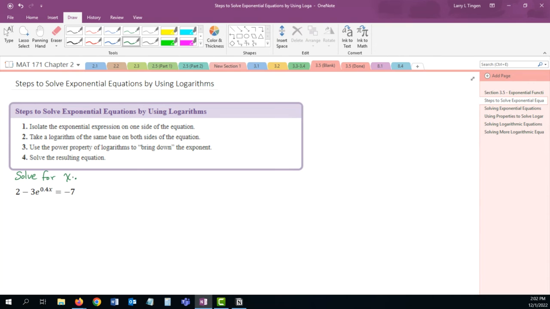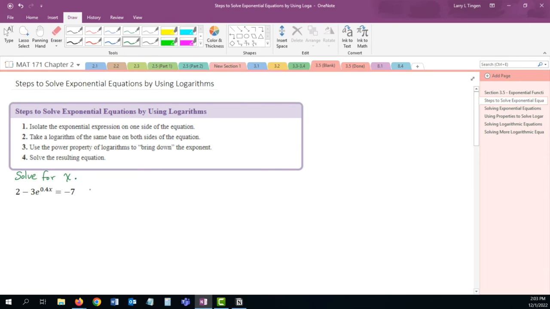So if you have an exponential equation and your variable is stuck in a power, which is the definition of an exponential equation, if I want to solve for it, I'm going to follow these 4 steps. The first thing I'm going to do is isolate the exponential expression on one side of the equation. The exponential expression is, in this case, the e to the 0.4x.